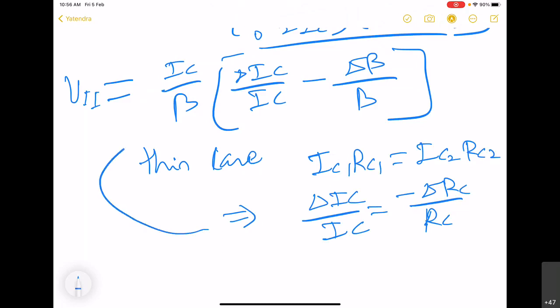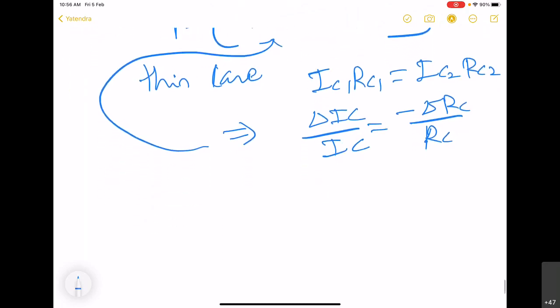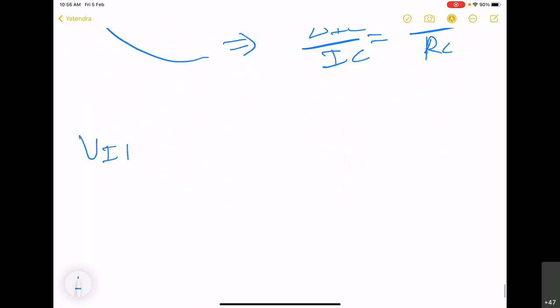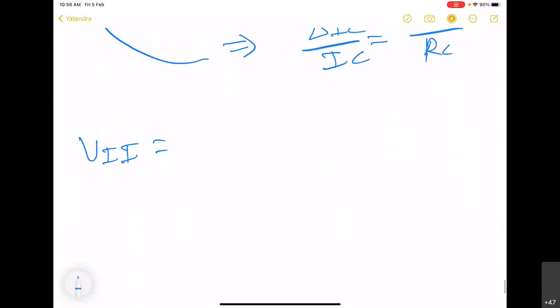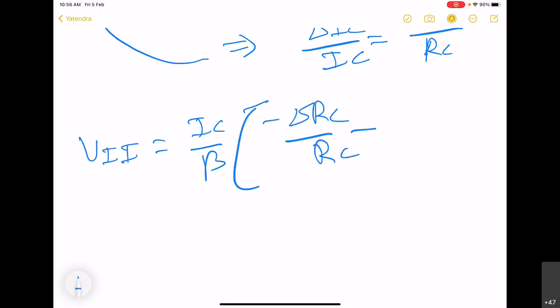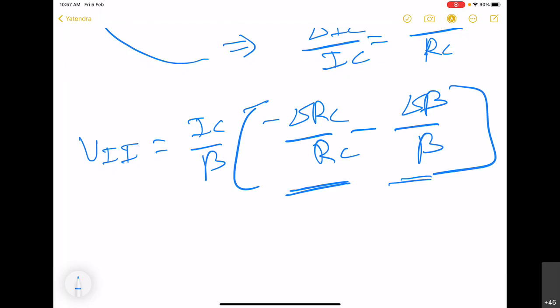So using this formula, we can substitute this term and we will get input offset current equal to IC by beta times minus delta RC by RC minus delta beta by beta. So we now have these quantities in terms of the mismatched parameters of the differential amplifier. Mismatch for transistor and mismatch for the load resistor.